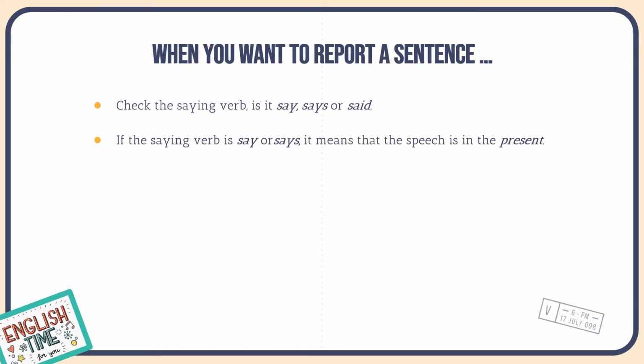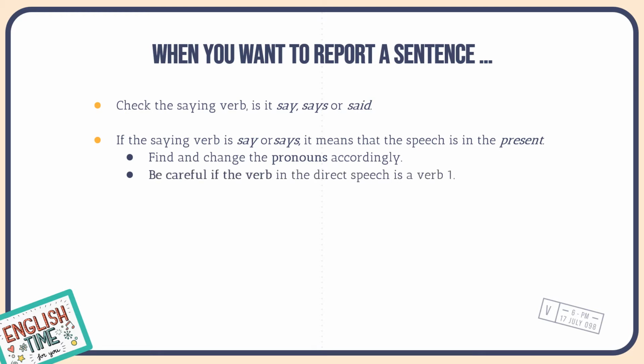If the saying verb is say or says, it means that the speech is in the present. It means that you need to find and change the pronouns accordingly. And after that, you need to be careful with the verb. If the verb in the direct speech is a verb 1.